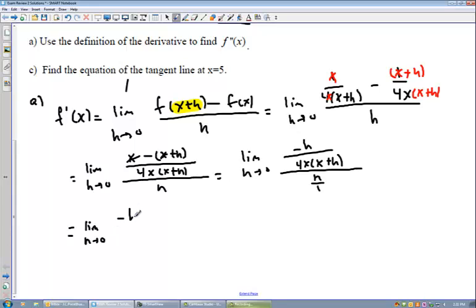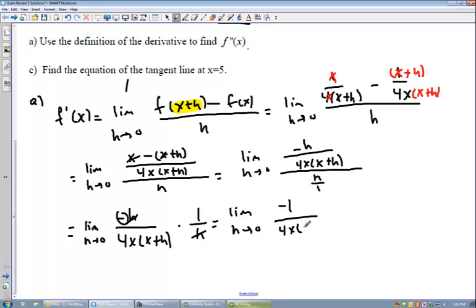And I have minus h over 4x times x plus h, all times the reciprocal of h over 1, so 1 over h. And here's where the h's cancel. And so this is equal to the limit as h goes to 0 of negative 1, because there's a minus sign right here, all divided by 4x times x plus h in the bottom.